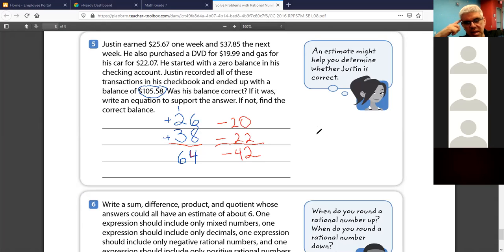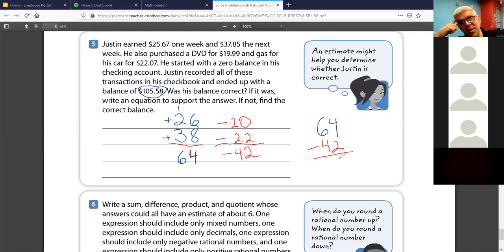Okay, there it is. So 64, which was my positive numbers, my blue team altogether. And then I'm going to take away the 42 in expenses approximately. And I should be left with how much money? First of all, did I go over or do I cover? I cover, yes, because 42 is not quite as much as 64.